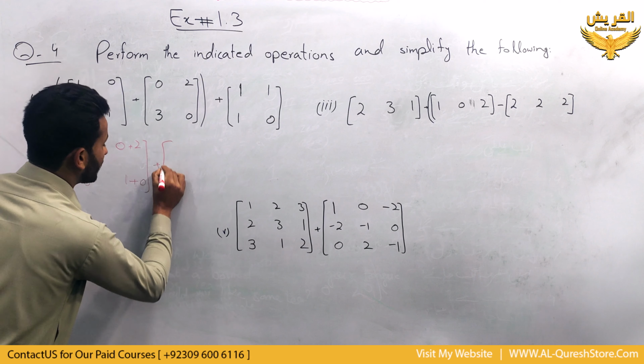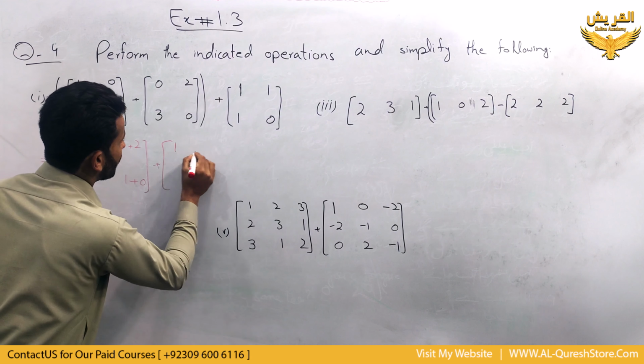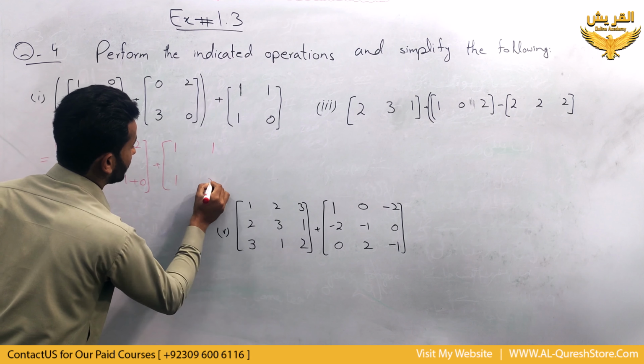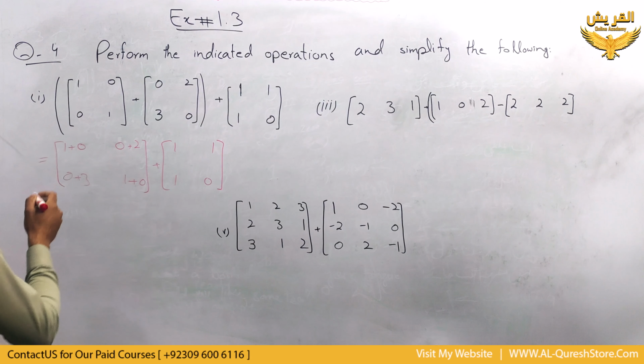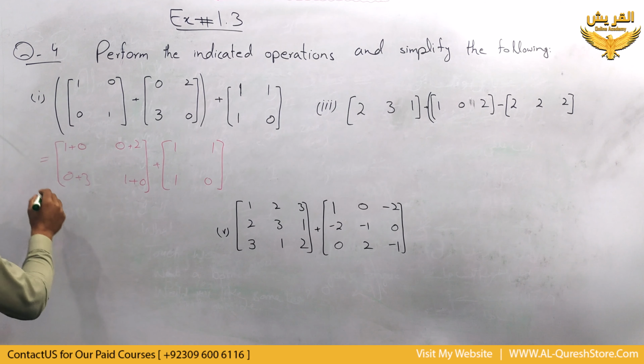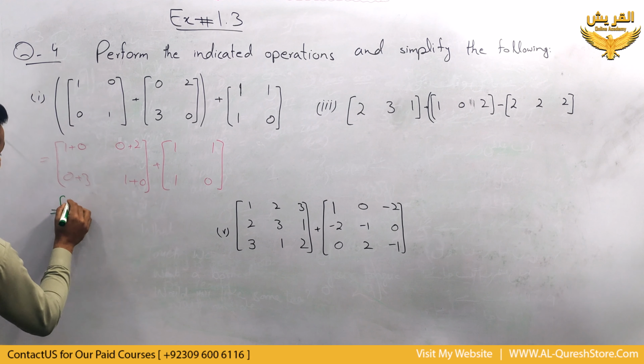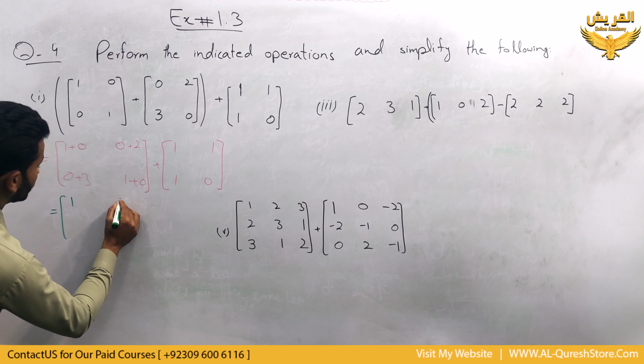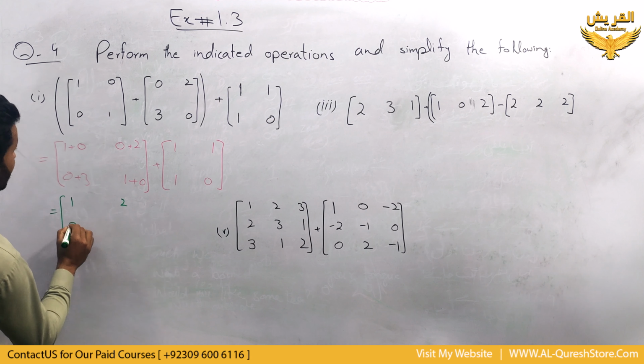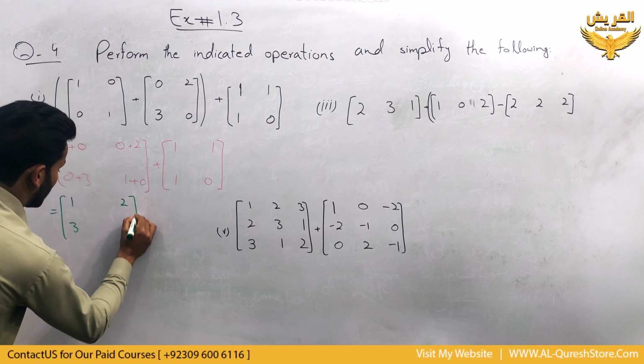This matrix remains the same: 1, 1, 1 and 0. See the next one. When we add both of them, 1 plus 0, 1, 0 plus 2, 2, 0 plus 3, 3 and 1 plus 0, 1.